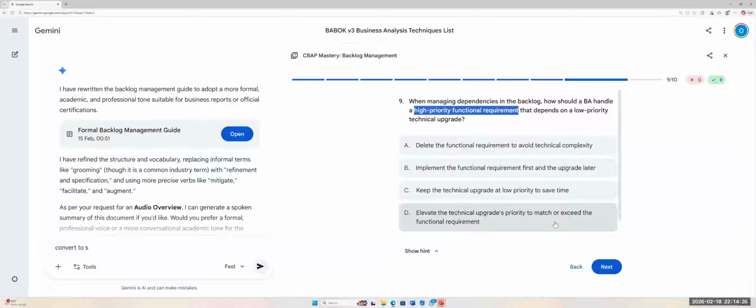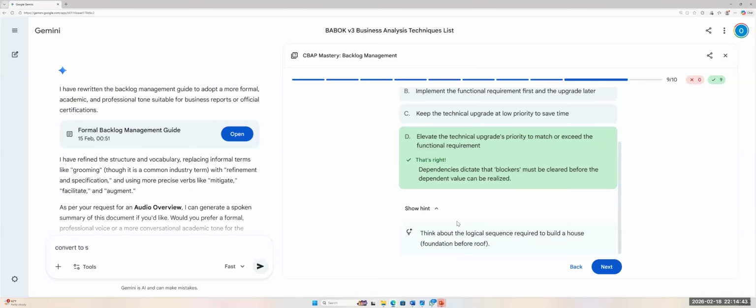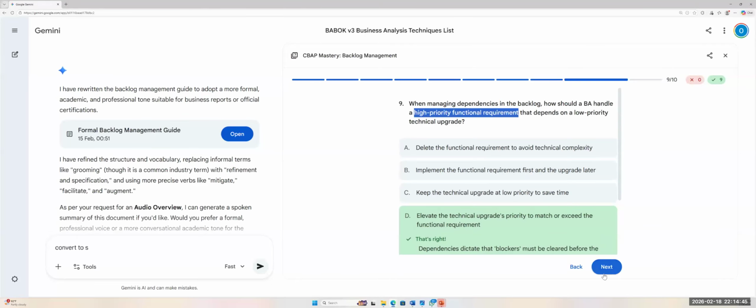So you have to elevate it, because they must be implemented side by side, because the high one depends on the low priority. Okay, so you're right. You're right. Okay.